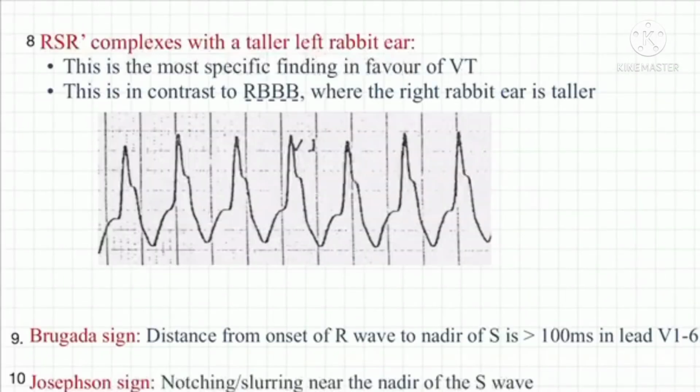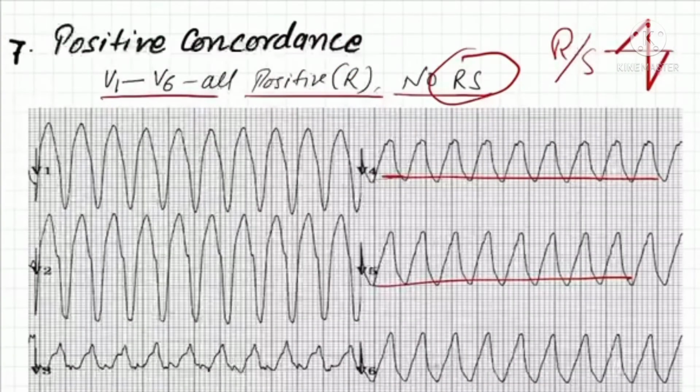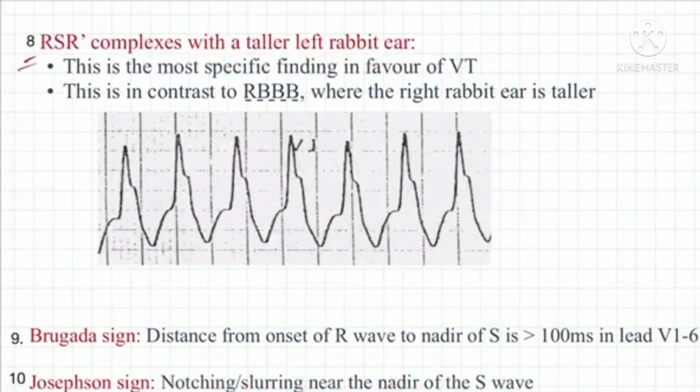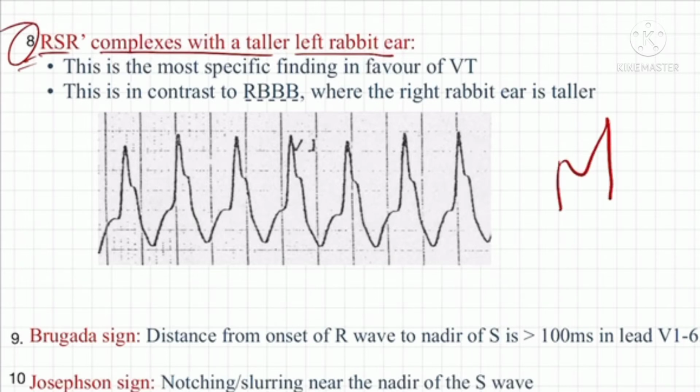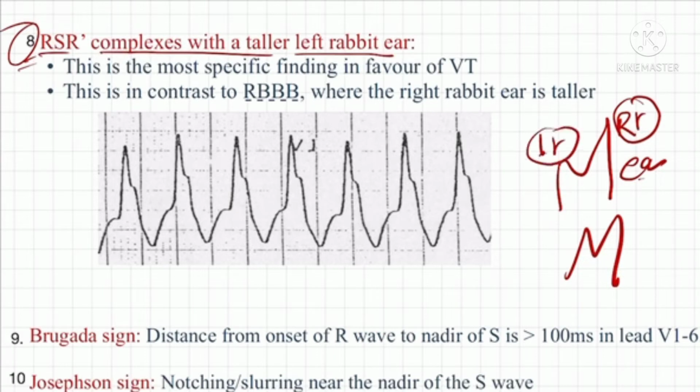This is the 9th point, or negative and positive are the same point. Then the 8th point is the RSR complex with a taller left rabbit ear. It is very important. When we see the rabbit ear pattern, always the right ear is larger than the left.